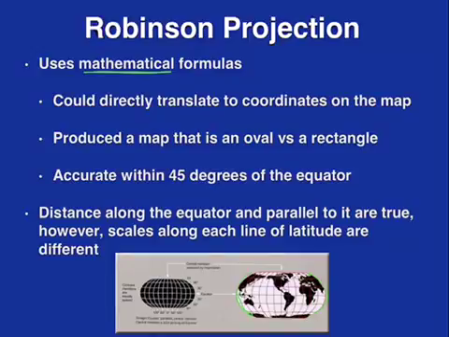We're now accurate within 45 degrees of the equator, so we're now 3 times more accurate than the Mercator projection. The distance along the equator and parallel to it are true, however, the scales along each line of latitude are slightly different. So the Robinson projection is our most accurate.